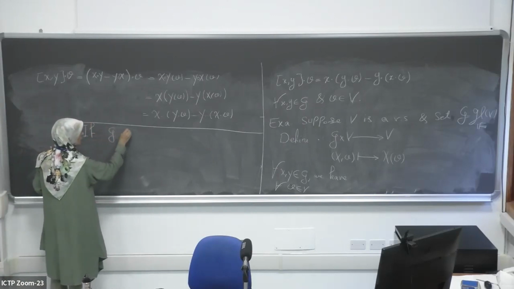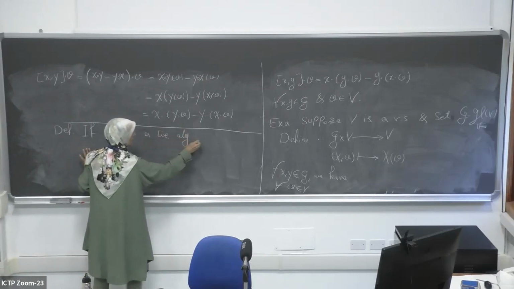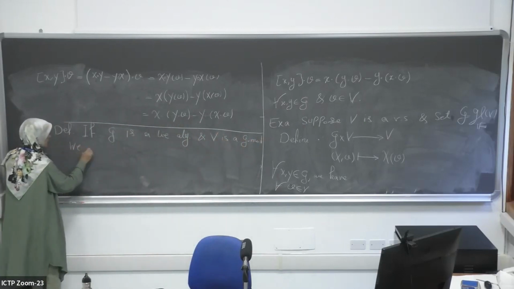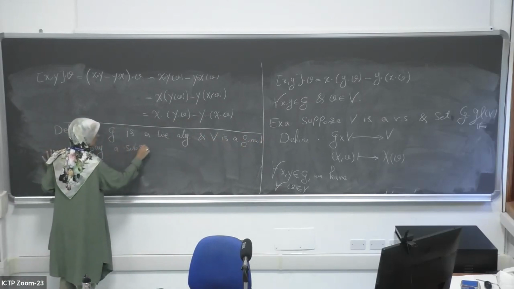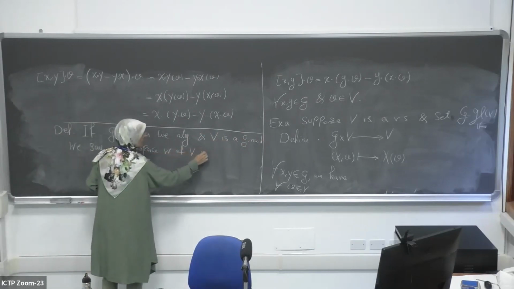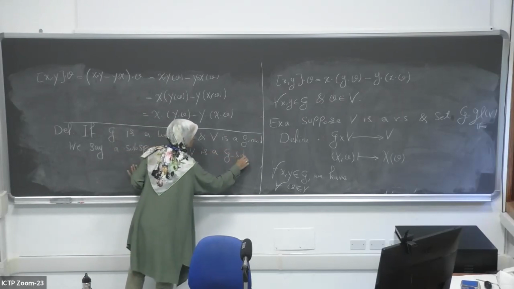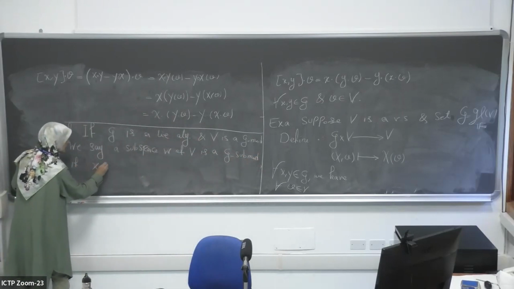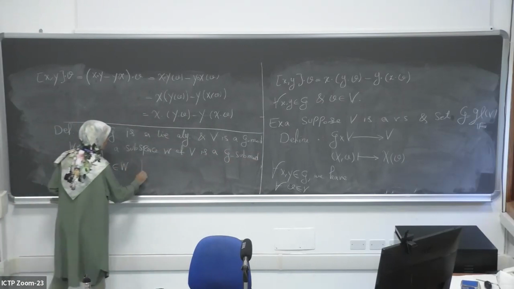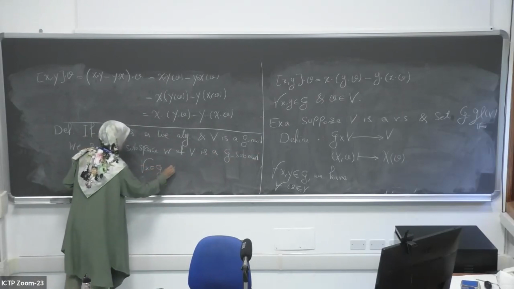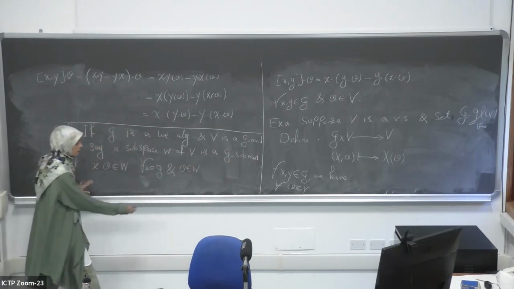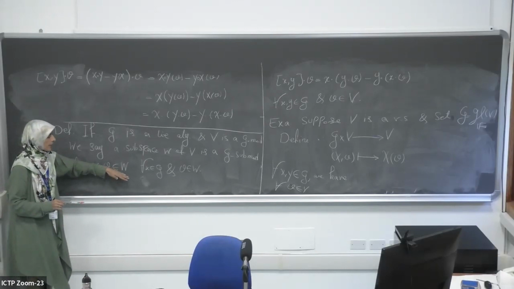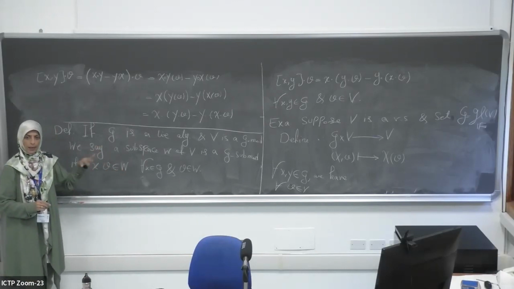If G is a Lie algebra and V is a G module, we say the subspace W of V is a G submodule, or simply a submodule, if x·v belongs to W for all x belonging to G and v belonging to W. And we say that a module is irreducible if the only submodules are trivial ones, 0 and V itself.